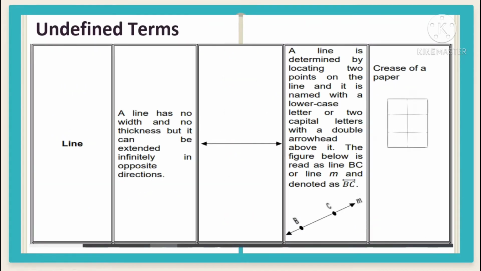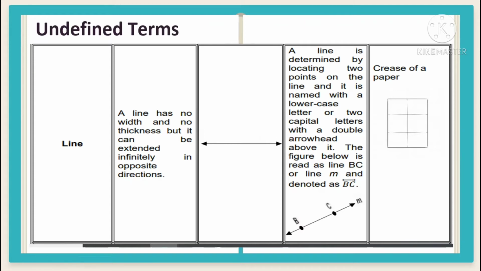Another example of undefined terms: line. A line has no width and no thickness, but it can be extended infinitely in opposite directions. A line is determined by locating two points on the line, and it is named with a lowercase letter or two capital letters with a double arrowhead above it.